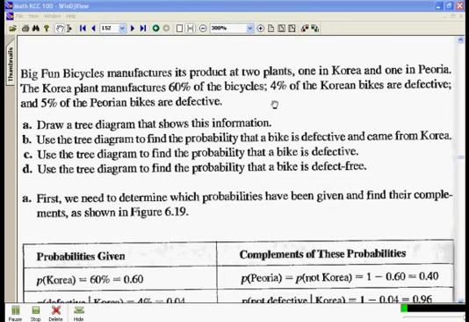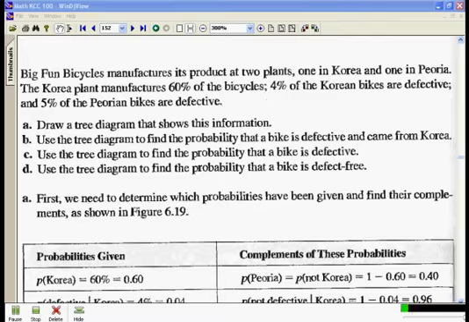And it says 4% of Korean bikes are defective. So actually this 4% is talking about a conditional probability. That is the conditional probability of the event that bikes are defective, given that the bikes are from Korea.